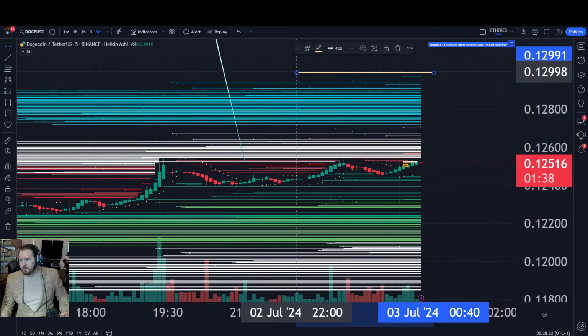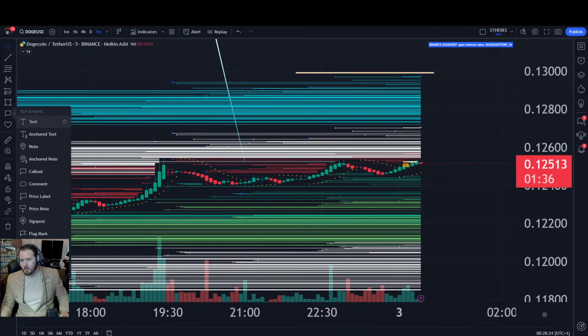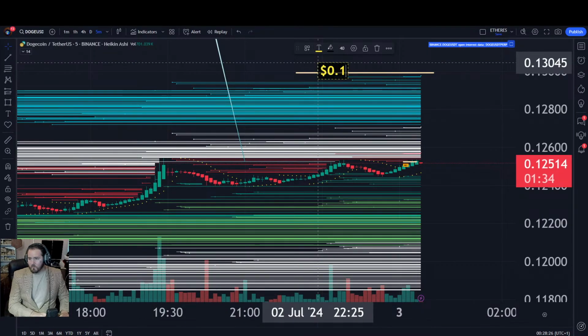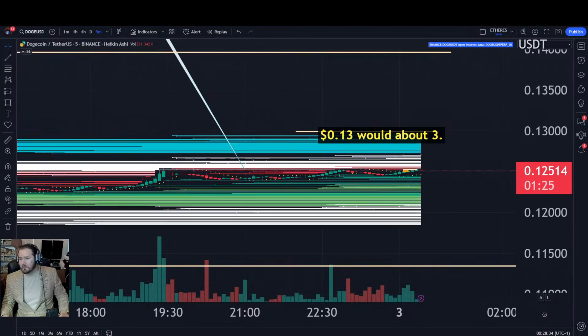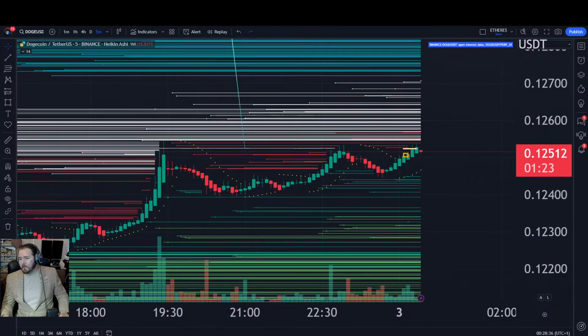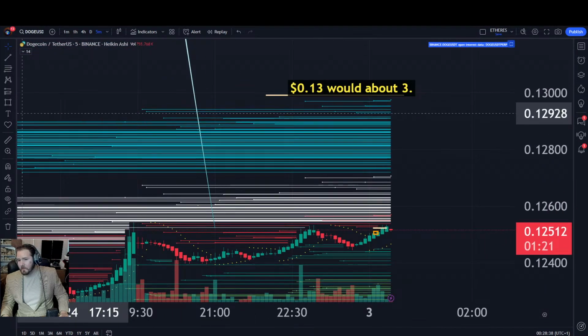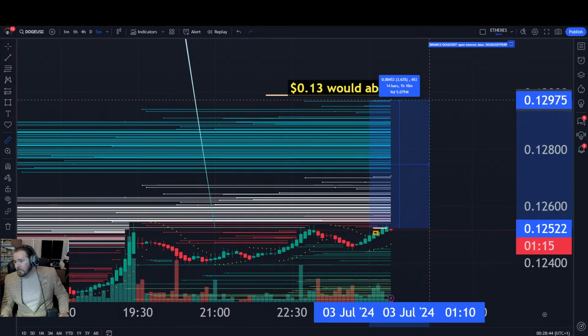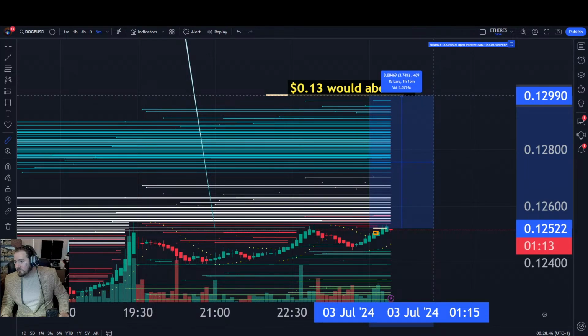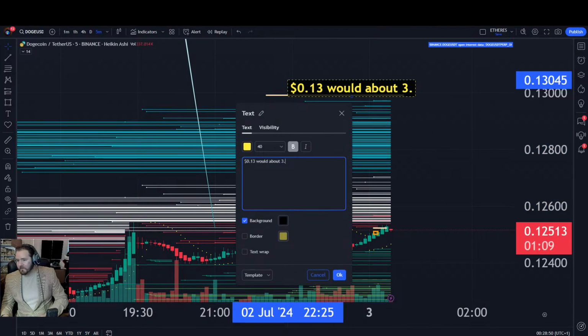So let me do the math over here. For my exact entry, 12,523. We have to zoom in here. 12.25 to 13. About 3.7%, 3.75%.